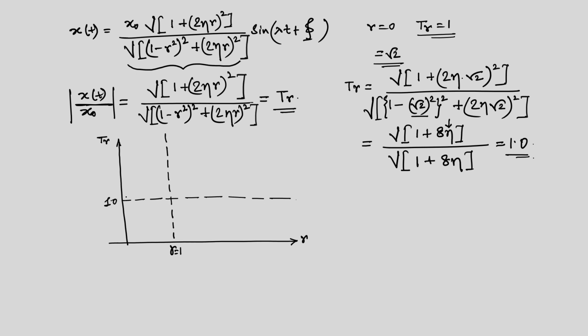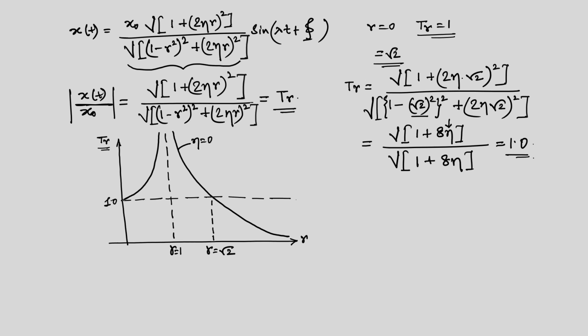Now, obviously, when eta is 0 and r equal to 1, you will have a plot like this. And at this point, the magnitude of Tr is 1. So, this is r equal to square root of 2. So, this is eta equal to 0.